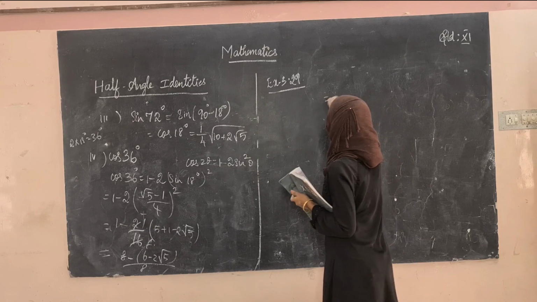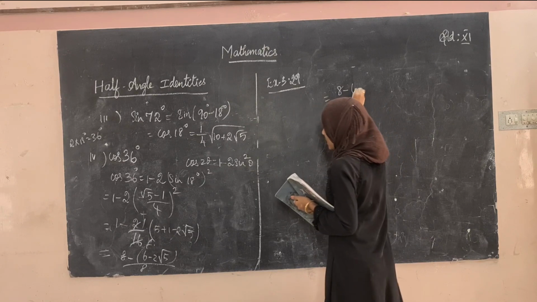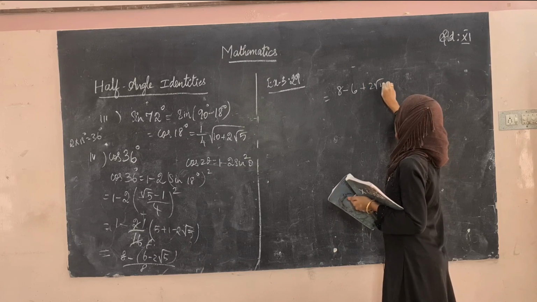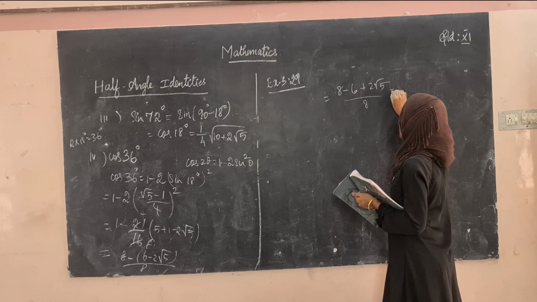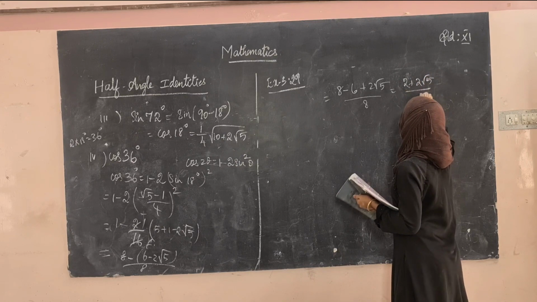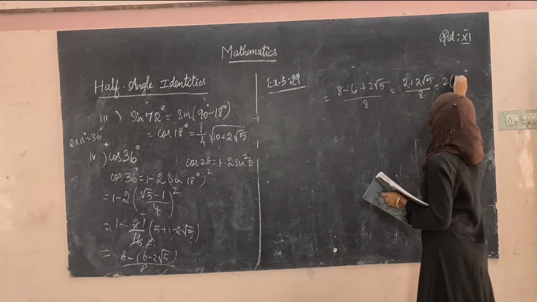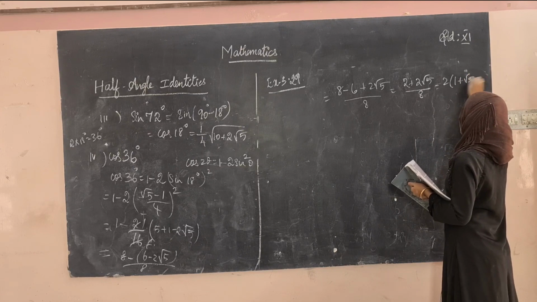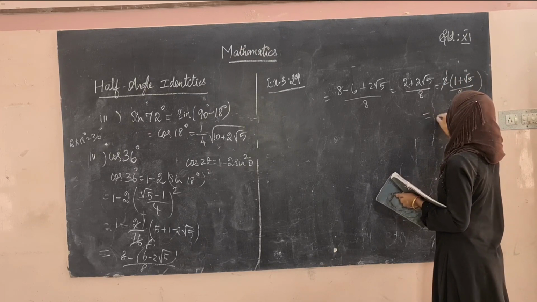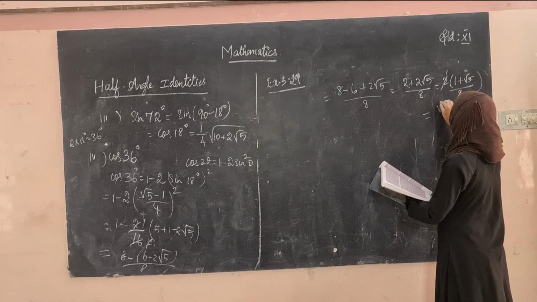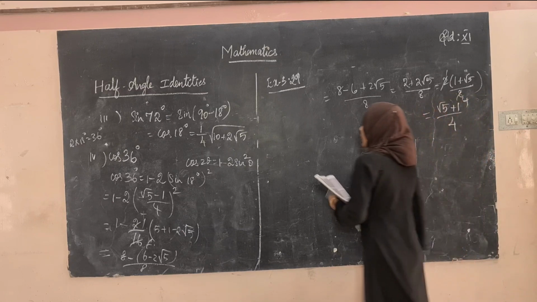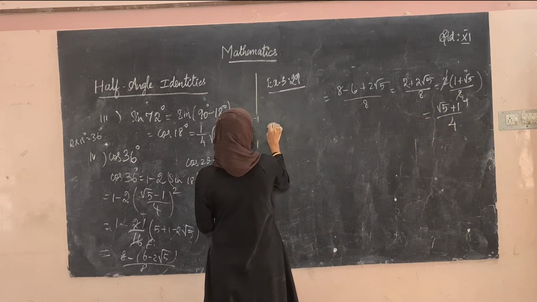It is equal to 8 minus 6 plus 2 root 5, multiplying the minus inside, divided by 8, which is equal to 2 plus 2 root 5 divided by 8. Take 2 outside, 2 into 1 plus root 5 divided by 8. So 1, this is 4. So the answer is root 5 plus 1 divided by 4.